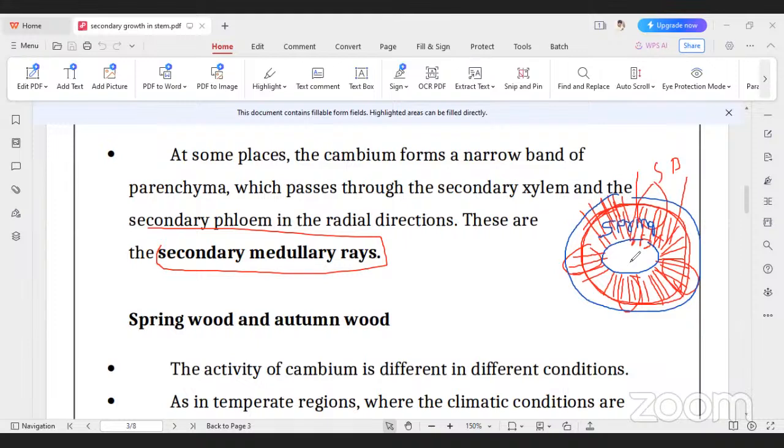This is known as autumn wood. That means the same. This is one ring formed. Later, for example, here is the continuation of this ring.